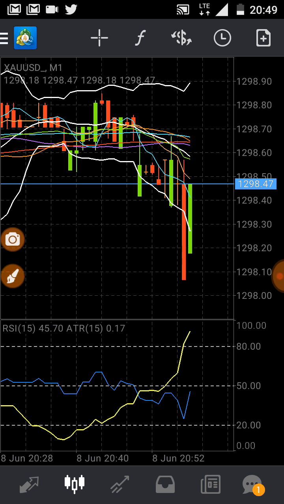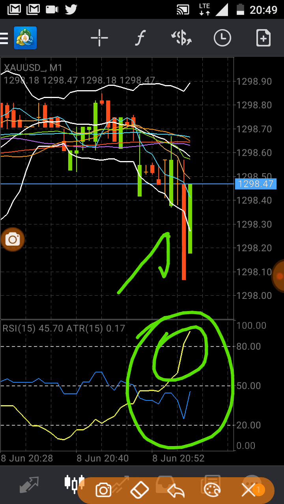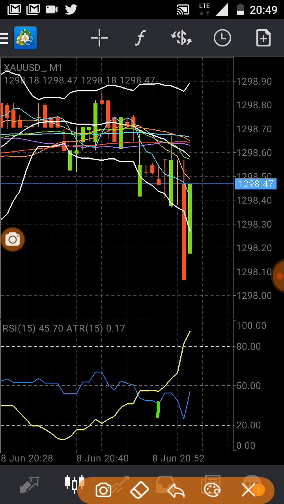As we distinguish between these two, we see that the volatility was up over here, and then with this red candle, the relative strength index was pointing downwards, going down this way.